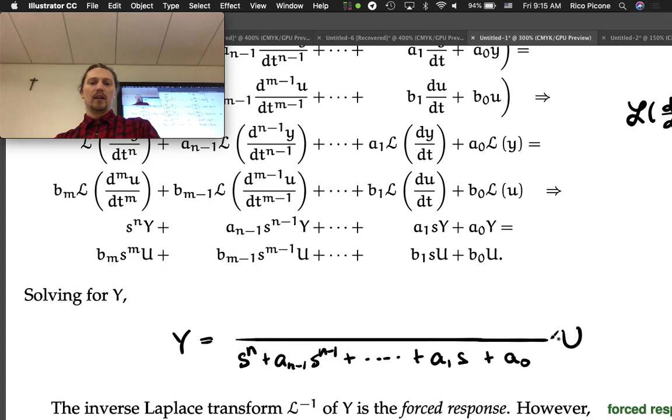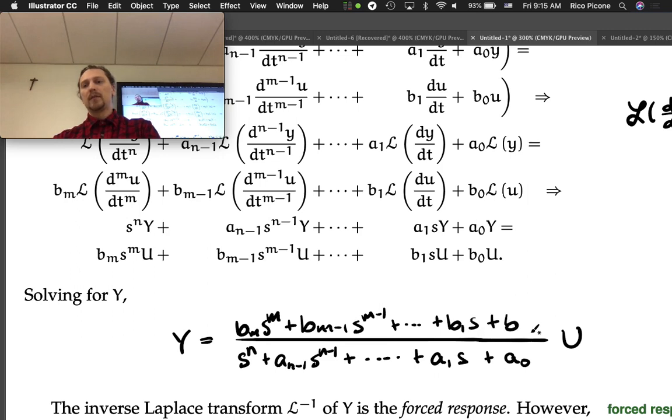And then in the numerator, we have whatever was on the u side, but we factored u out, right? So we just take whatever's left after we factor u out. So bm s to the m plus bm minus 1 s to the m minus 1 plus all the way down to b1 s plus b0.